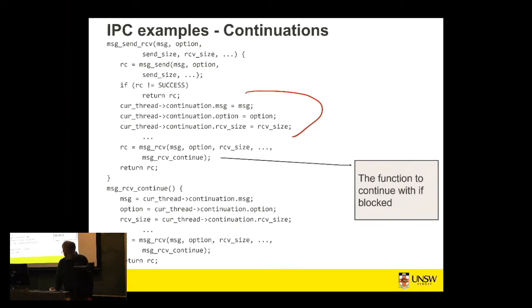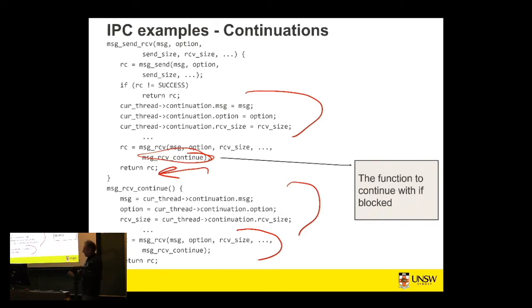Then our message receive is slightly modified to specify the continuation, i.e. the continue point of what gets invoked when there is a message ready. Message continue restores the state that we need to do the message receive and tries again. Note if it doesn't succeed, it basically comes back and does this again. Okay.